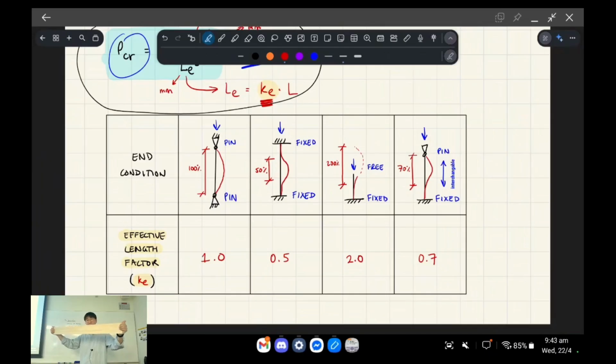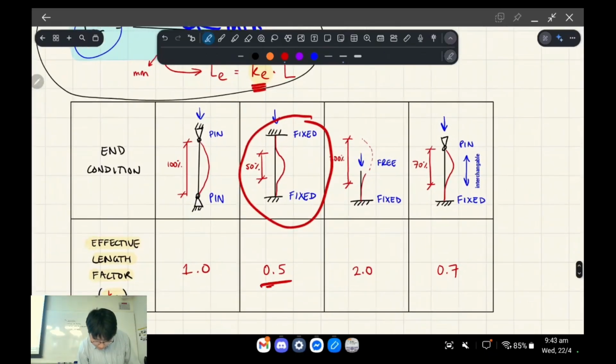But if I grip it a bit with my hands, do you see how the C shape is restricted? That's the second one that I've drawn there. So it's fixed. We say that the approximate amount is 50%. You're thinking of the size of the C shape in buckling.